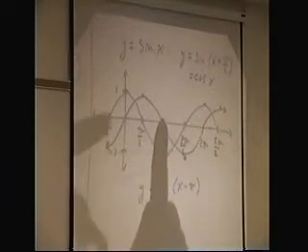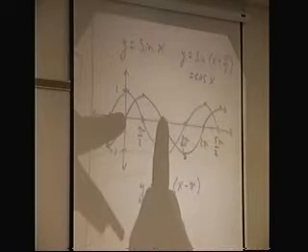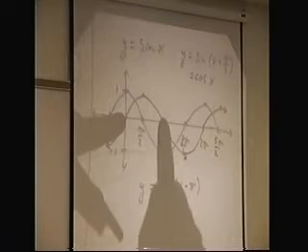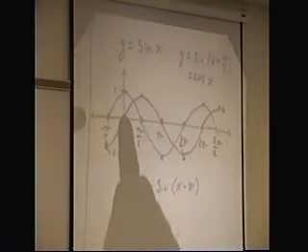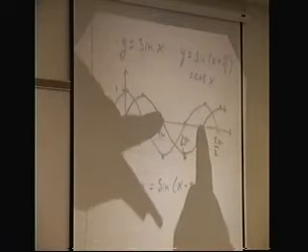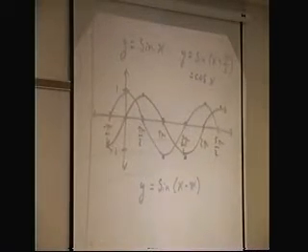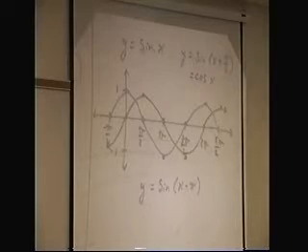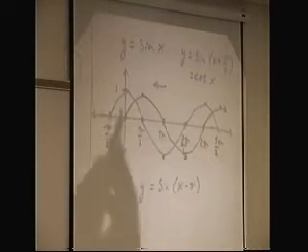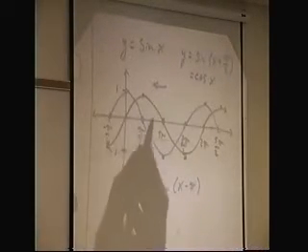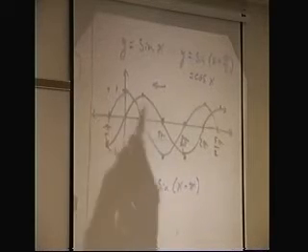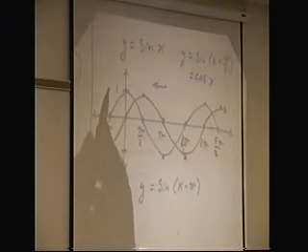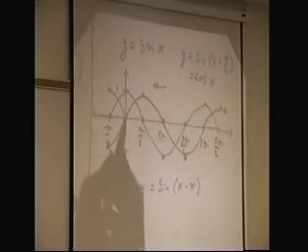Does everybody see that it's going to take this curve right here, and it's going to move it to here? And then this curve is going to get moved to here? Okay, so take all these curves and move them back pi radians, and here's what you get. This one starts here, because this gets moved to here, and it goes down.